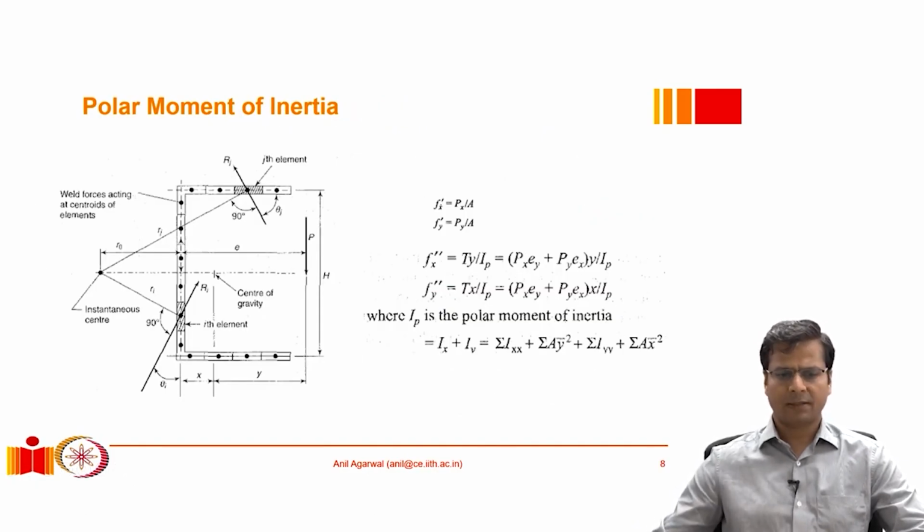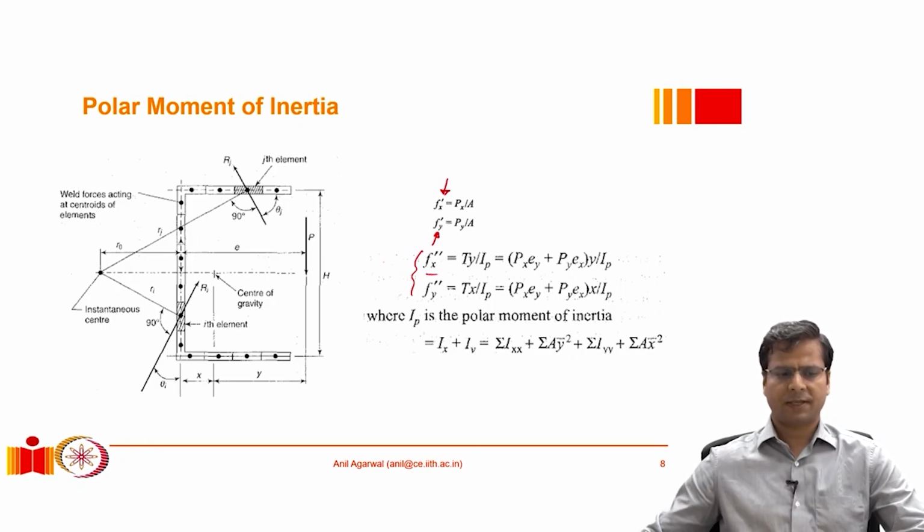So basically the idea is that first we would calculate the direct stress. F prime x and F prime y basically represent the direct stresses, which are all parallel to each other because they are parallel to the direction of the force. In addition to that, there is another component of Fx and Fy which arises out of the effect of the twisting.